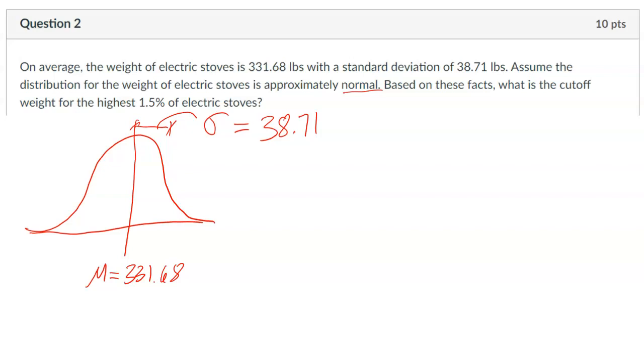Now, what they're asking from us is to determine the cutoff weight for the highest 1.5% of electric stoves. So here's the idea. There is a point where you will find the highest 1%, for example, of stoves. That is pretty high, right? Now, the highest 1.5% will also be extremely high. 1.5% is around there.